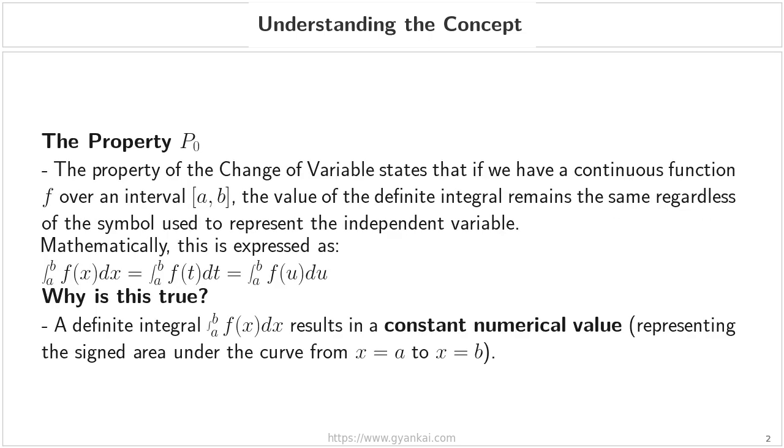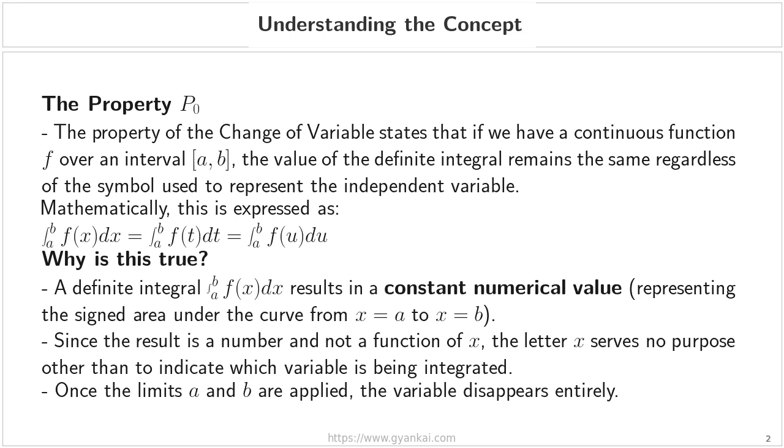So why is this true? Well, a definite integral, like the one we've been looking at, the integral of f of x dx from a to b, doesn't give you a function as an answer. It gives you a number. That number represents the signed area under the curve of f of x, between the points x equals a and x equals b.